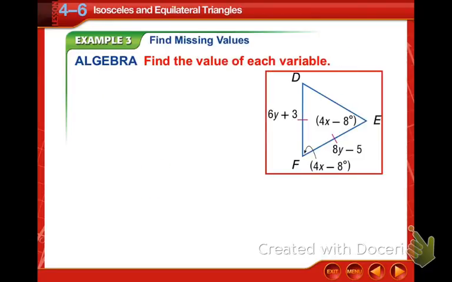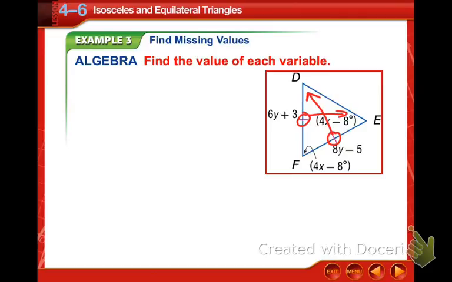Last problem. So now we need to find both variables. We know that two sides are congruent, they're marked that way, and because of that, we also know that these angles are congruent, and the angles are given to us as 4x minus 8, angle F and angle E. Since angle E is congruent to angle D, it is also 4x minus 8, which means we have an equilateral triangle.